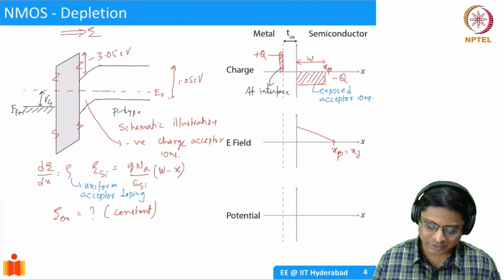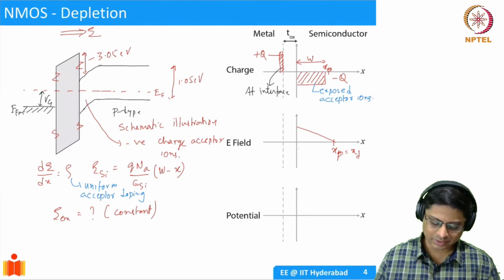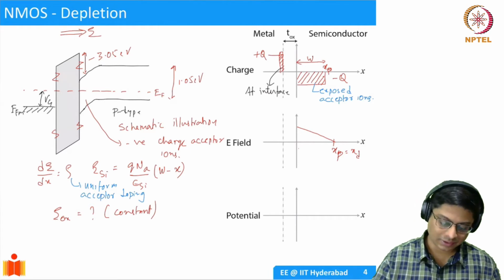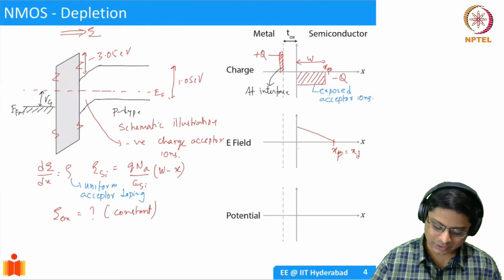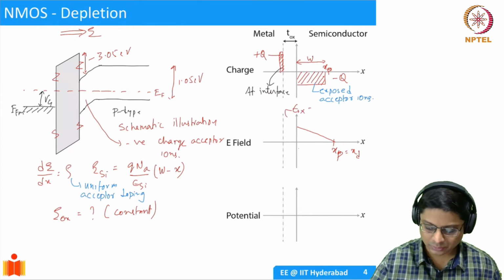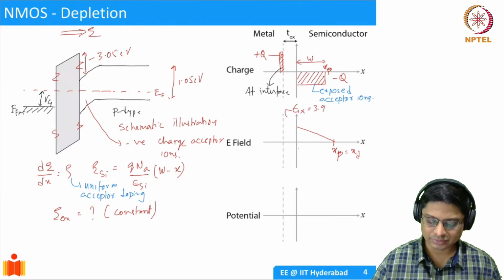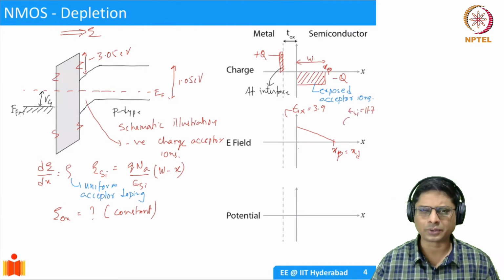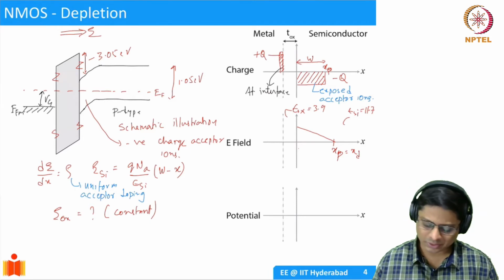So to determine this, we need to remember that we are talking of two different materials, right? So this is oxide. Epsilon of oxide is going to be 3.9. Here it is silicon. Epsilon of silicon is going to be 11.7 or 11.9. I guess it should be 11.7.